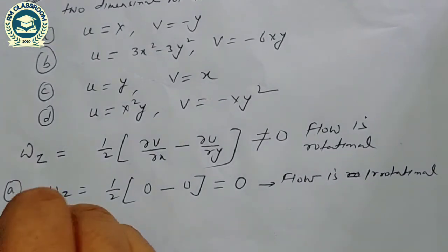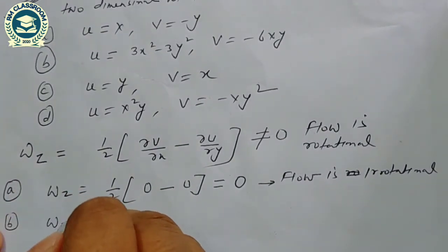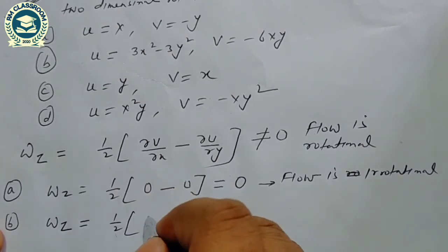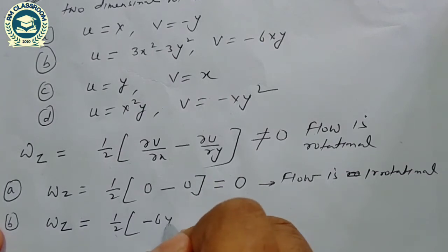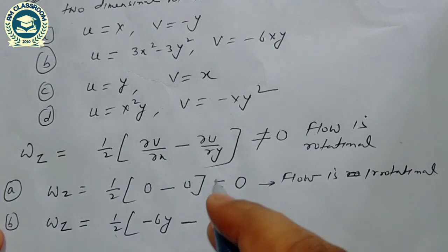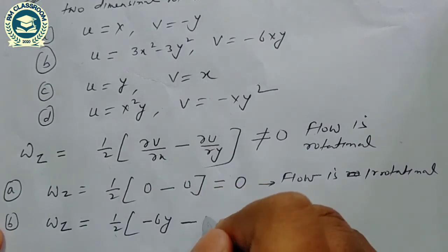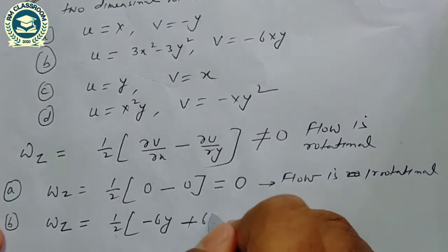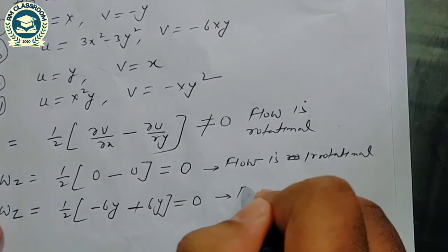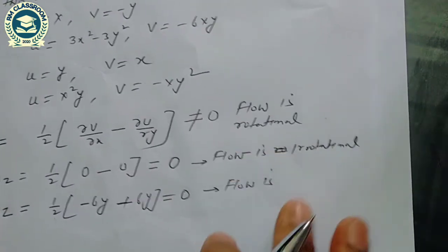Similarly, for option B, omega z is equal to 1 by 2 times del v by del x, which is minus 6y, and minus del u by del y, which is plus 6y. So once again it is 0. So the flow is irrotational.